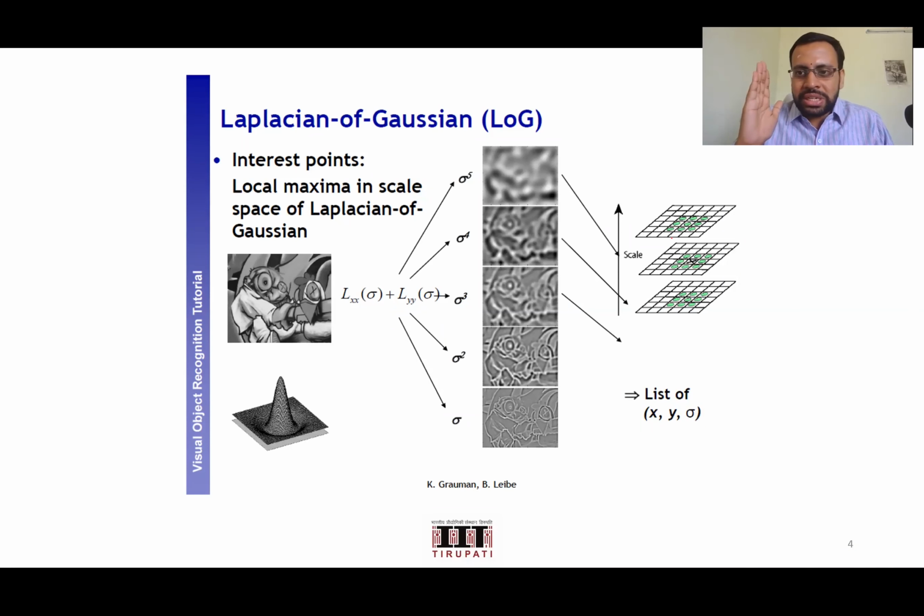Essentially, like the scale invariant Harris detector, you will look for a key point not just spatially but in the sigma space as well, in the dimension of varying values of window size also you are going to take a look at.